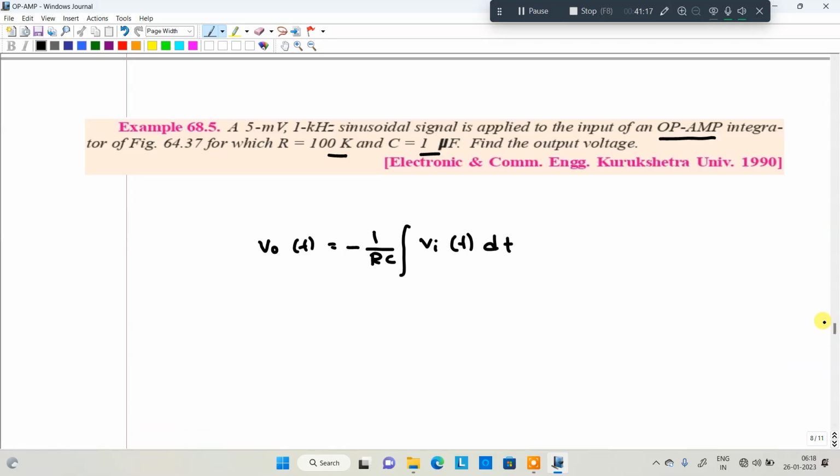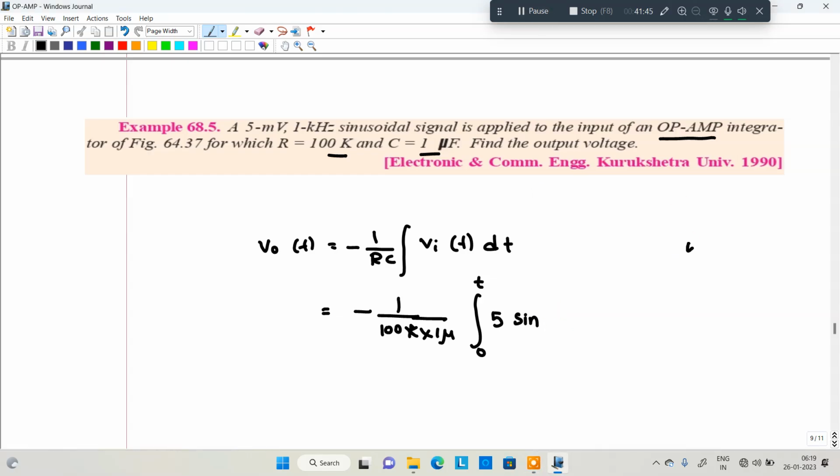Now substitute all the values. So minus 1 by RC. R value is 100k into 1 micro. Integration of input voltage. So the input is 0 to t, a 5 millivolt sine wave. It is 5 sine omega t.